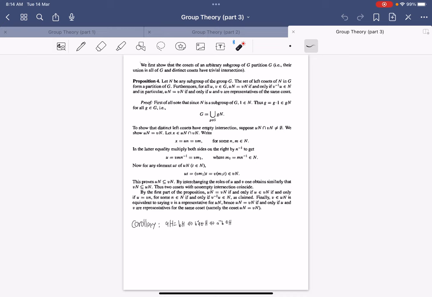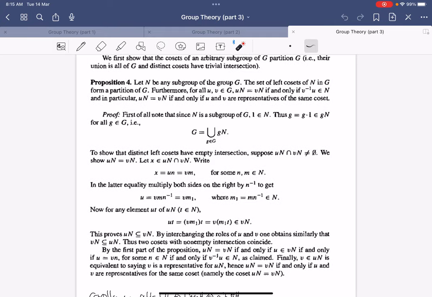What you can now show is that these cosets form a partition of G, meaning the union is the whole of G and the intersection of distinct cosets is trivial. To do so, we first need to show that G equals the union of all these left cosets.